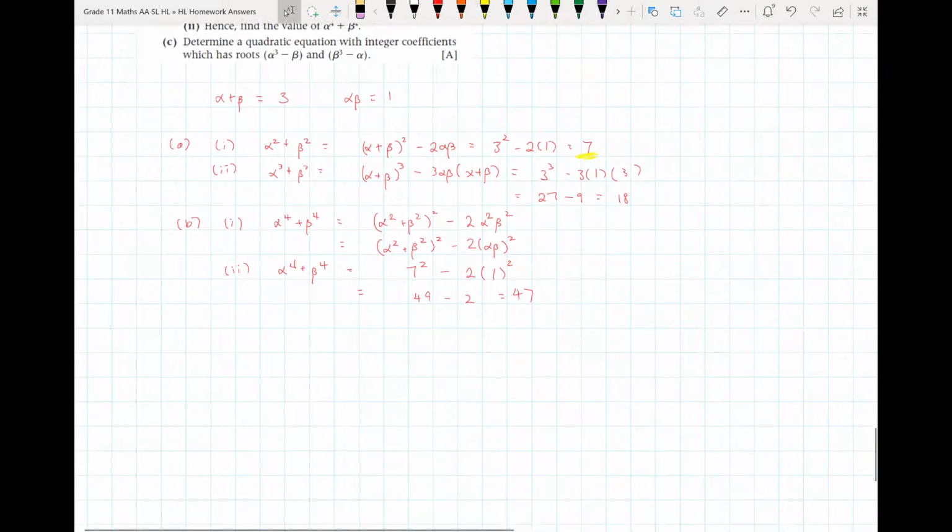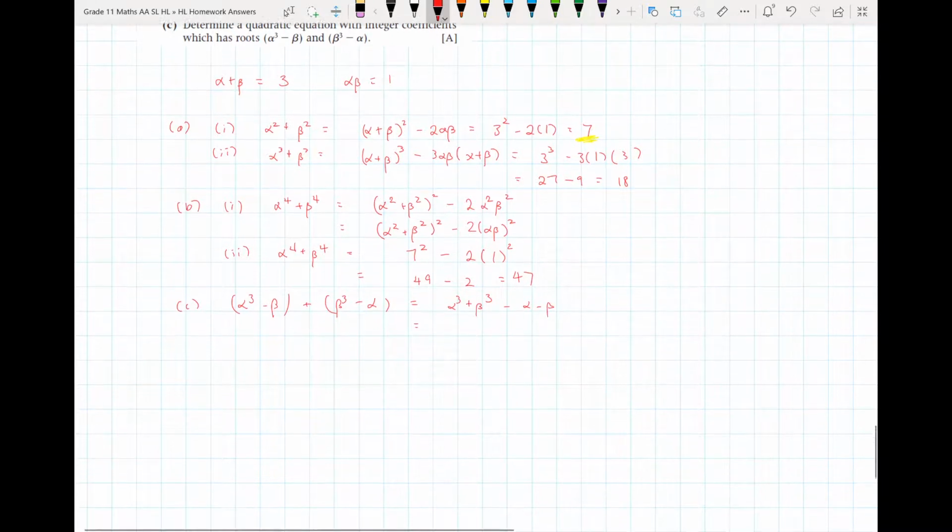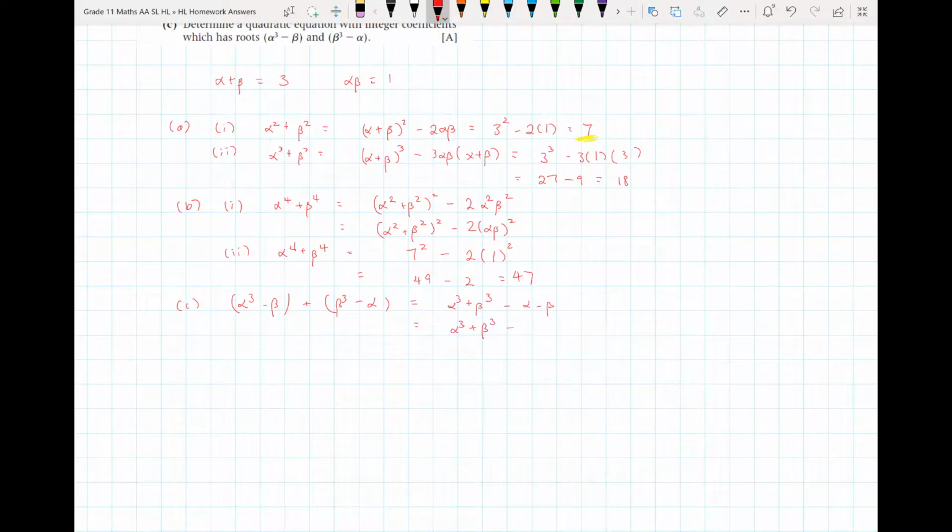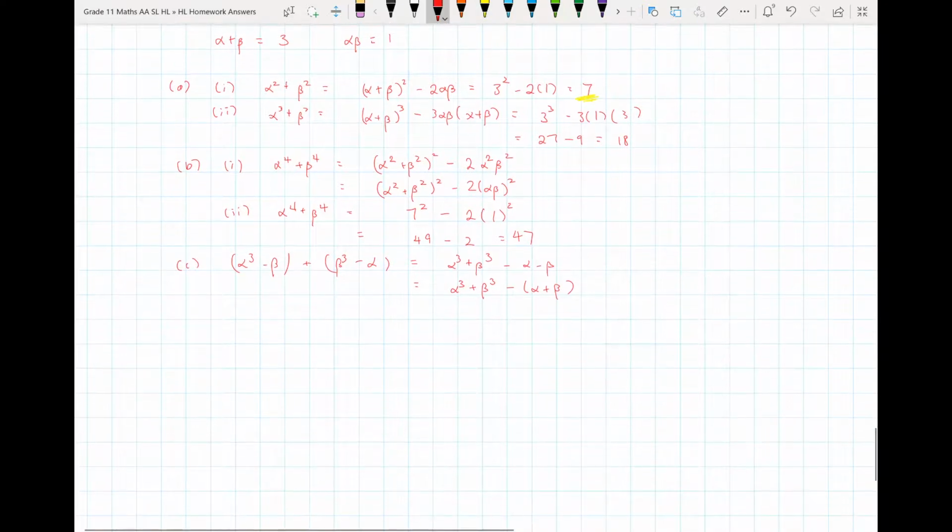So part C, we want the sum of the new roots. So we have alpha cube plus beta cube minus alpha minus beta. I'm just going to rewrite the last 2 terms as follows, as a sum of the roots.